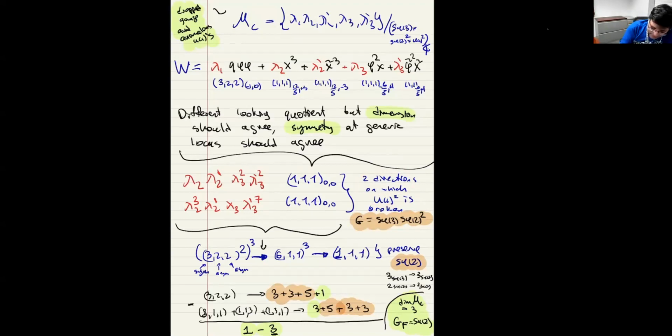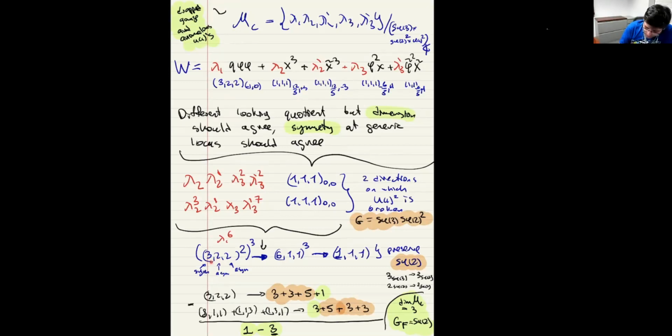And again, there is one type of coupling which is left, which is lambda1. And you can take this lambda1 basically to the 6th power, okay? And convince yourself, it's a simple group theory exercise with hints given here, that you get a singlet. Lambda1 to the 6th contains a singlet of all the groups. And again, you have SU3 times SU2 times SU2 global symmetry. This is a triplet of SU3 and doublet of these 2 SU2s.